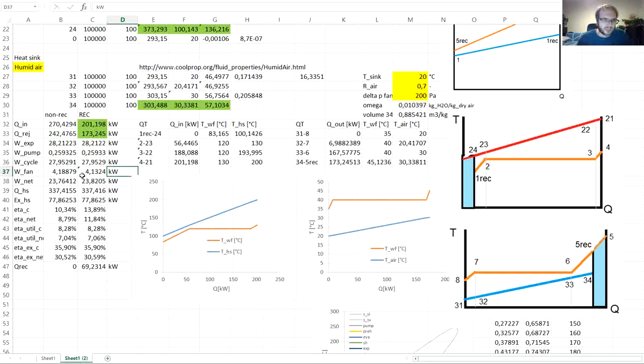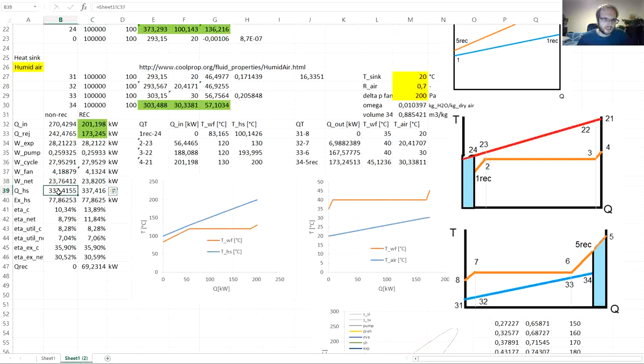The work of the fan is slightly lower for the recuperated case, but this very small difference is caused only by the lower temperature at the cooling air outlet and therefore lower unit volume. But practically this difference is almost negligible, so the network output is nearly the same.